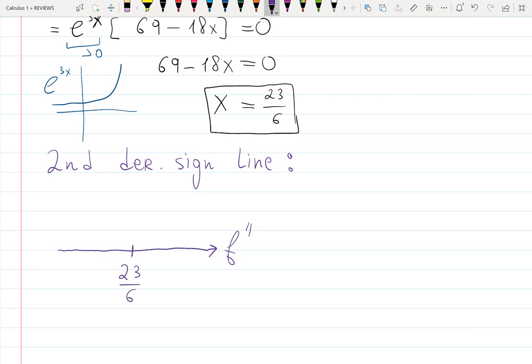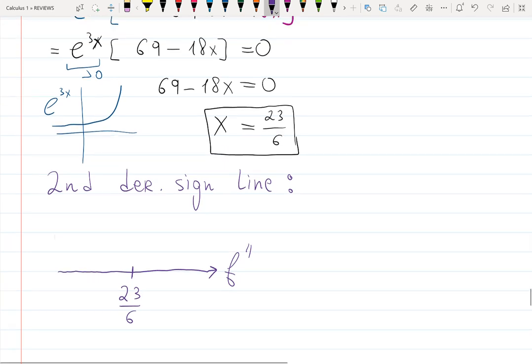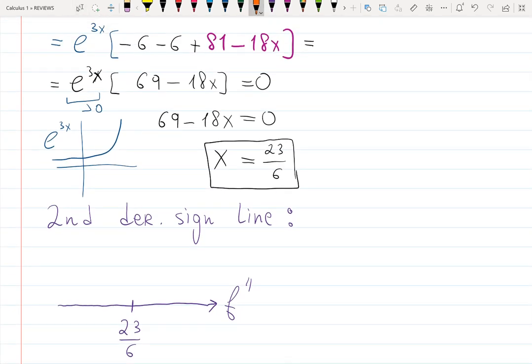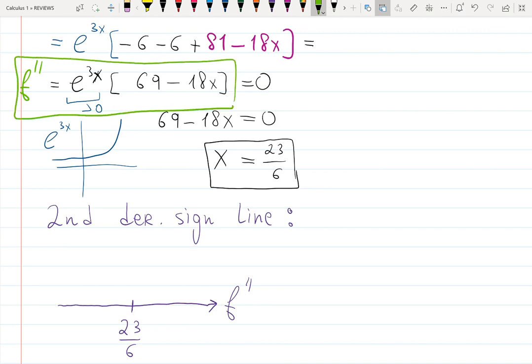I'm putting the x 23 over 6 I found onto the sign line, and the moment you find second derivative, here it is, f prime prime, put the result in the box because we will be plugging test points in this result. Test points are coming from these locations.